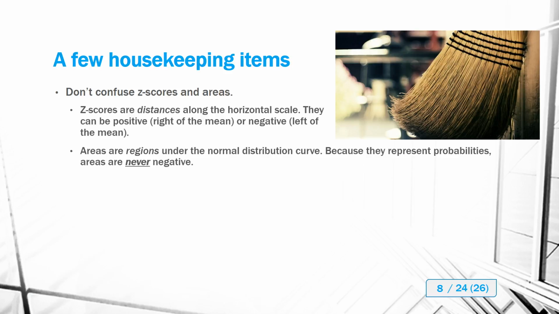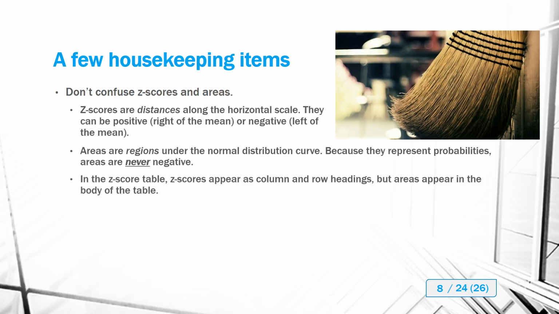It never dips below. Because it never dips below, that area is always going to be positive. Furthermore, areas are representing probabilities, and we know that probabilities are bounded between 0 and 1. Likewise, areas will also have the same bounds, between 0 and 1. Therefore, areas can never be negative, only positive.